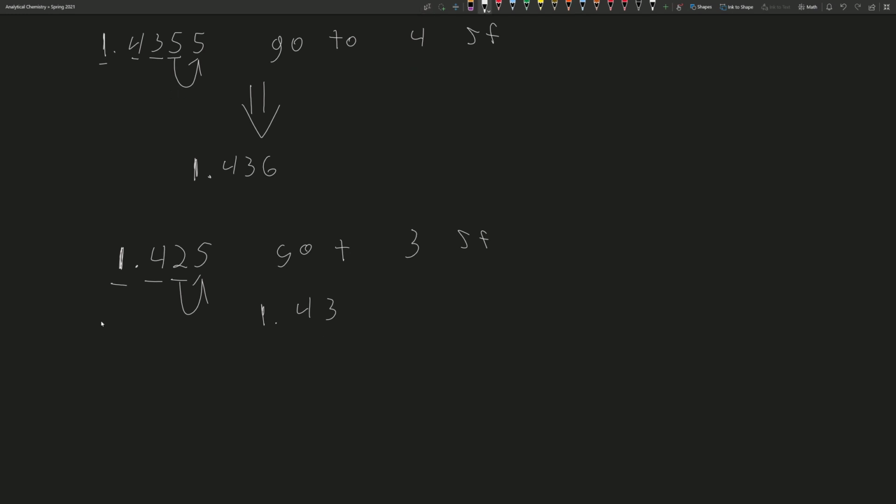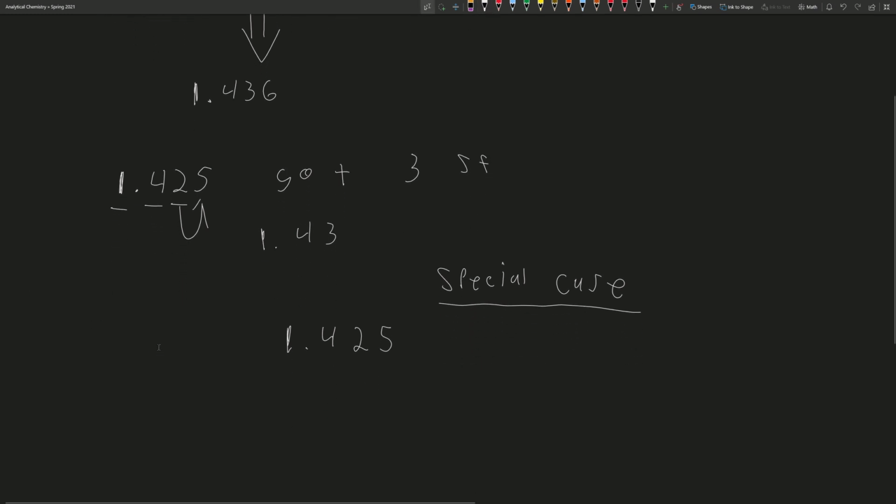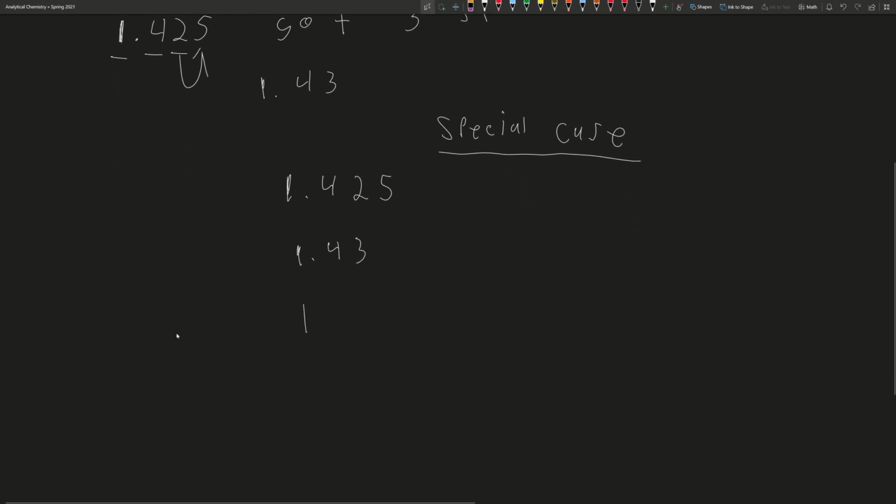However, here is our special case rule. So we would say 1.42, and then we have the 5. This 5 is saying that we are exactly between 1.42 and 1.43.